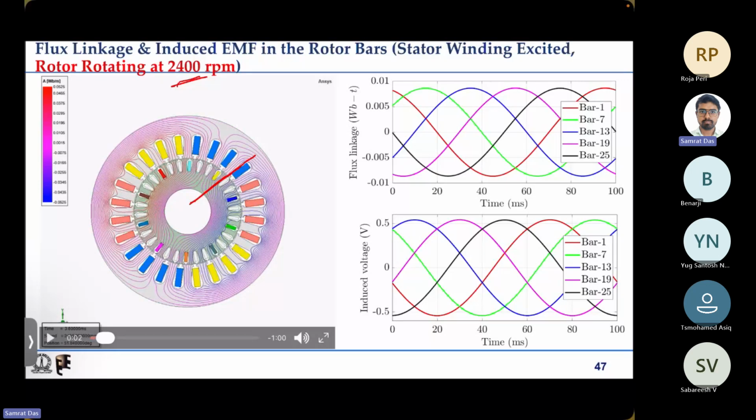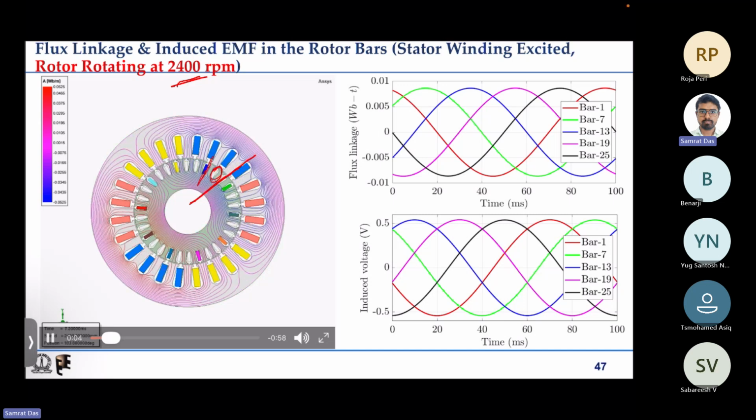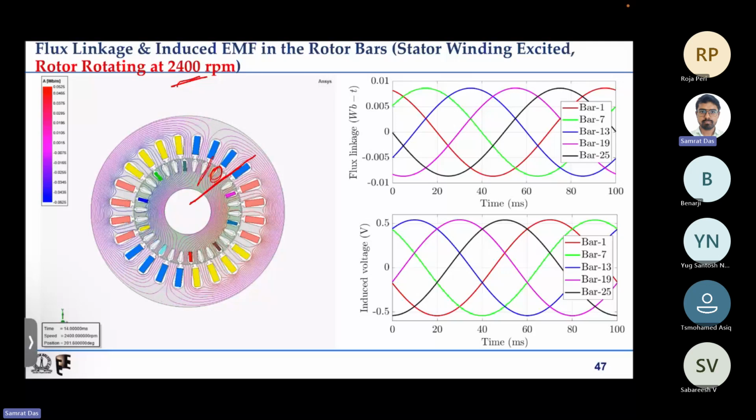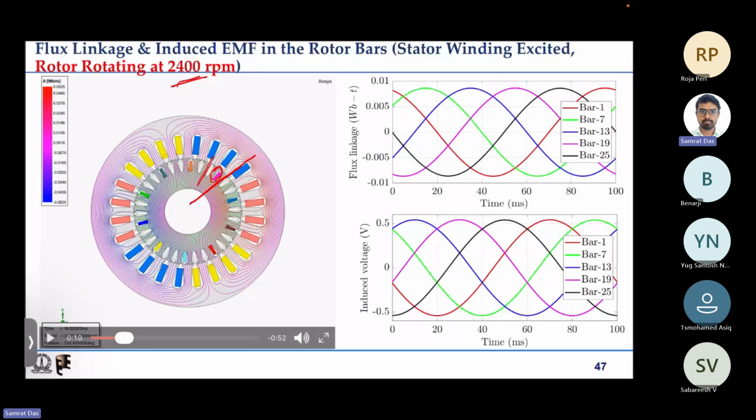If I stop here, the field is just ahead of the yellow conductor. If I go ahead, after a certain time you will see that the yellow conductor keeps on lagging behind the field. Now the field is here, and the yellow conductor has gone further away from the field.